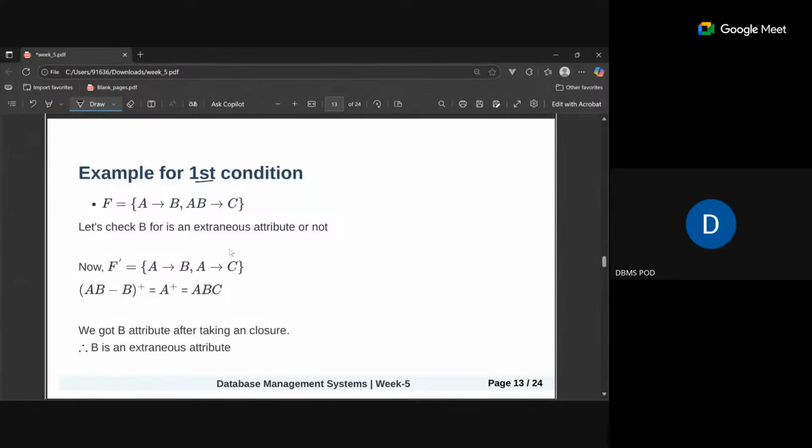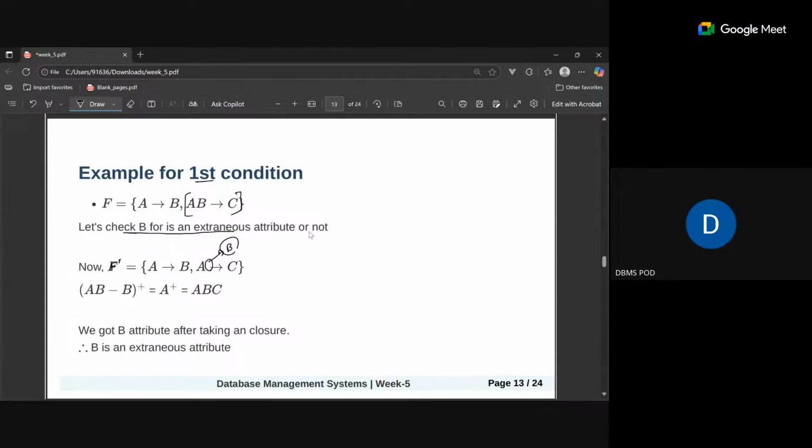So let's look at the first condition. The first condition is nothing but to find an extraneous attribute on the left side. In this case, we have two attributes here, so any one of them may be extraneous. We cannot say surely that it is or is not extraneous. In order to find this, you need to take another set of functional dependencies by removing B. We remove B because we are checking whether B is an extraneous attribute.